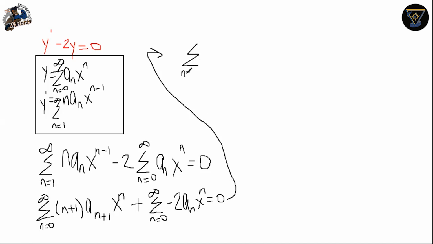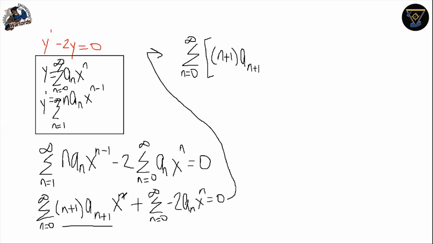So a summation of n is equals to 0 to infinity. And then what we have here, we have this first. So we have n plus 1, I have a to the n plus 1. I'm not going to write the x to the n as it, right?